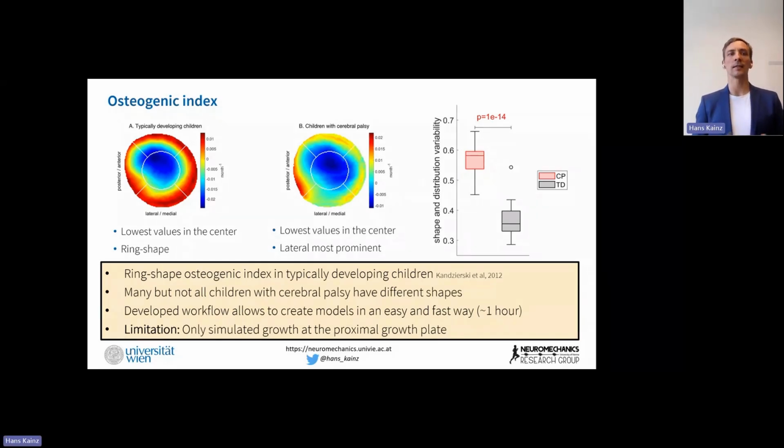And as highlighted before, this workflow allows us to create these models in a very easy and fast way, taking only approximately 1 hour. The big limitation in this study was that we only simulated growth at the proximal growth plate, but the femur also has a distal growth plate, where growth actually occurs more than at the proximal one. And this led to the next study.